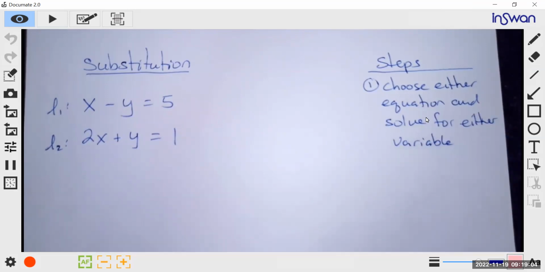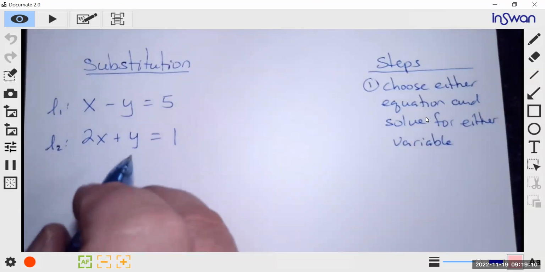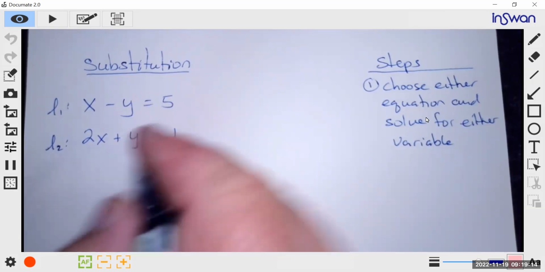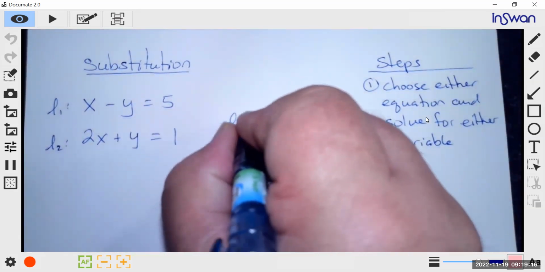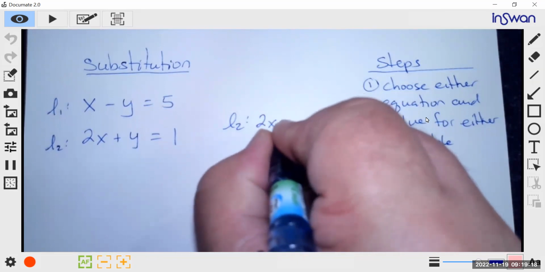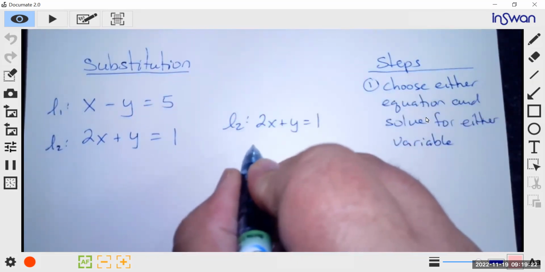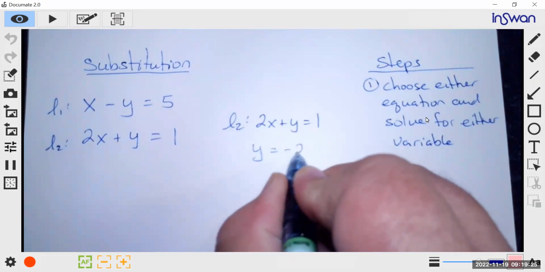It doesn't matter. So for simplicity purposes, since this is a positive y, let's solve for y. So I'm taking line 2. I'm solving for y. So I subtract 2x from both sides.